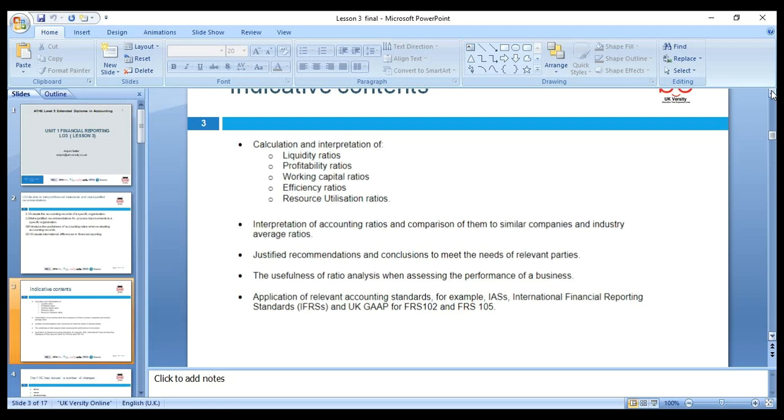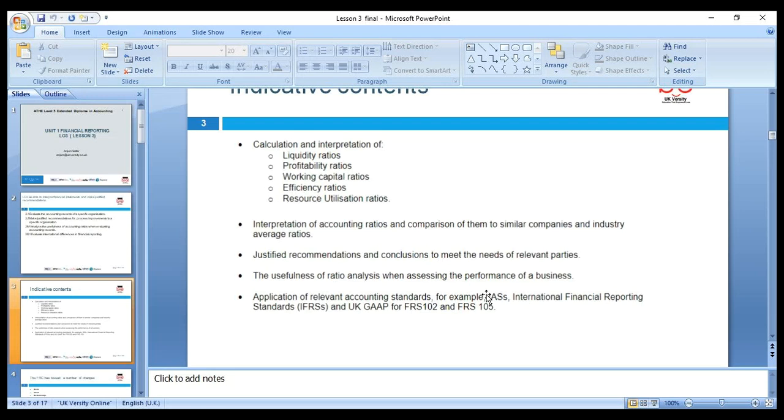We will interpret these ratios, draw recommendations, and go through International Accounting Standard IAS 1 and various other international standards. All financial statements we prepare under International Accounting Standard IAS 1, which we already discussed in lesson 1.